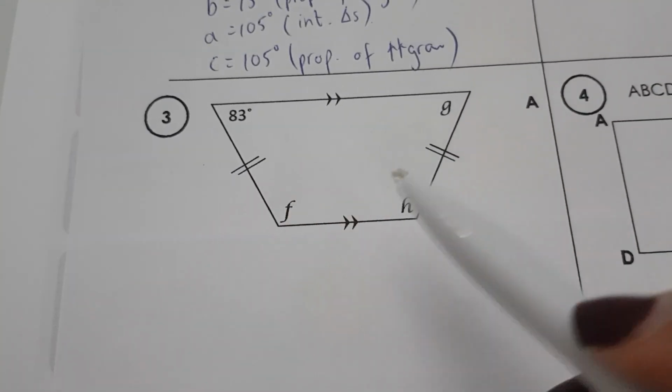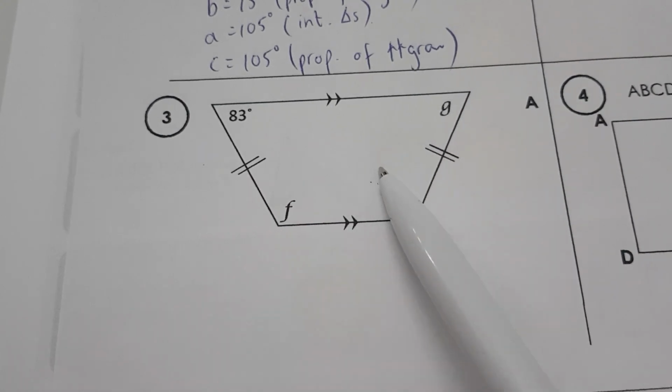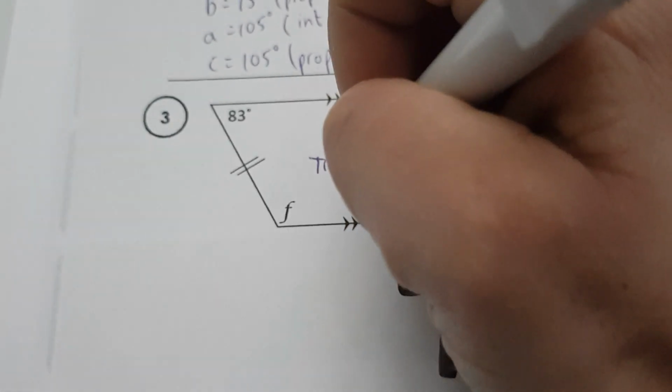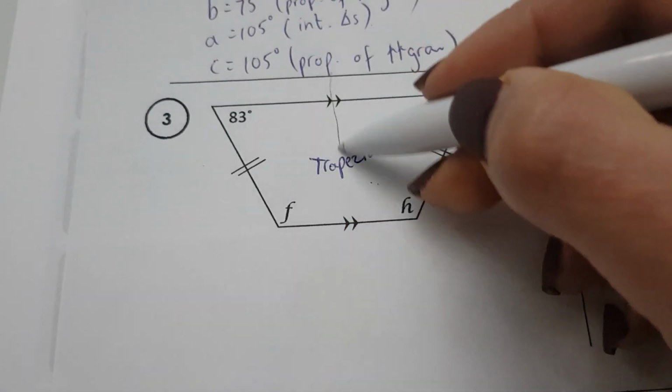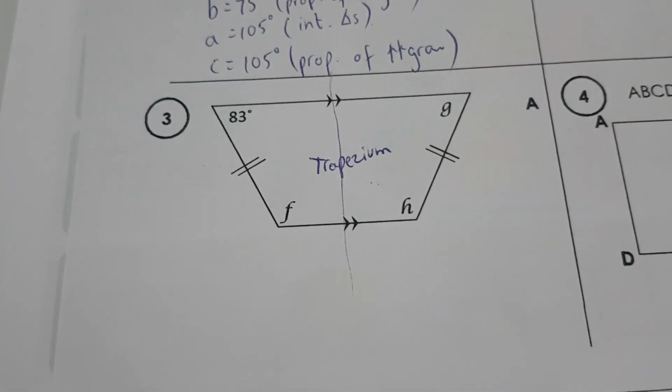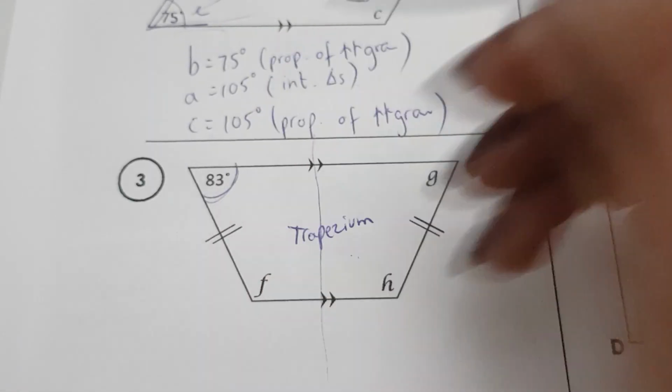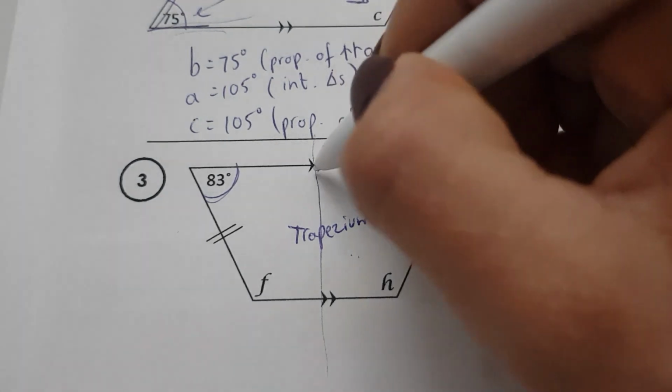Now this one. This is a trapezium. Let's write it down. This is a trapezium, but it's a particular trapezium. It's got one line of symmetry over here. So, basically, if this is 83, to find this one, let's use interior angles.